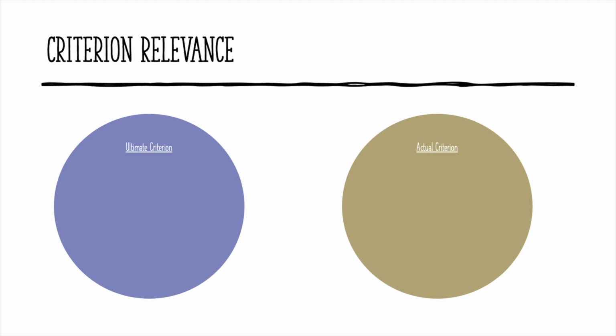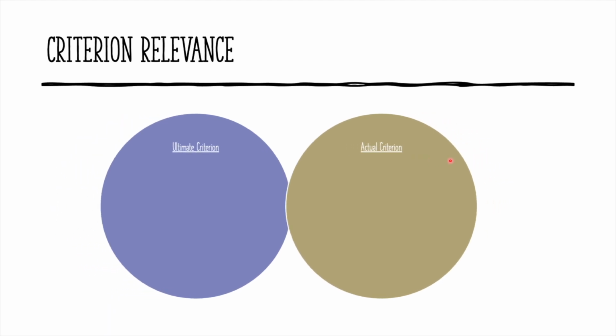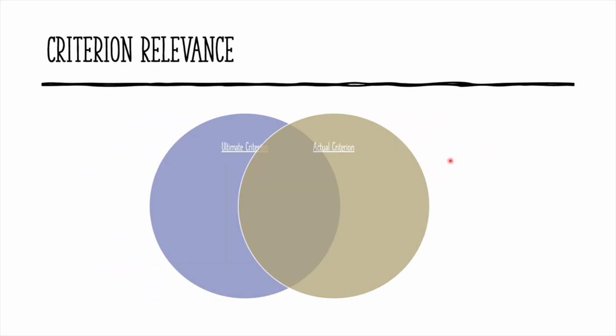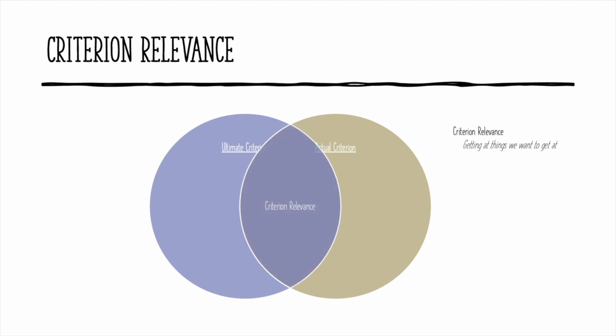So say we have this ultimate criterion here and the actual criterion. And when we move them together, like a nice little Venn diagram thing here, the middle bit, there we go, is the criterion relevance. So it's the things that we want to get at.